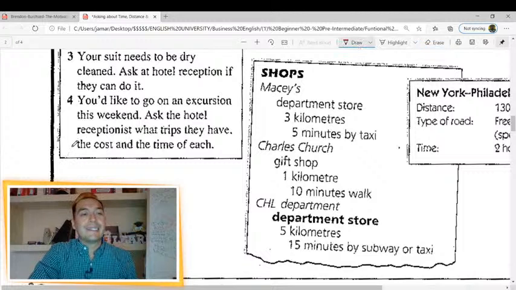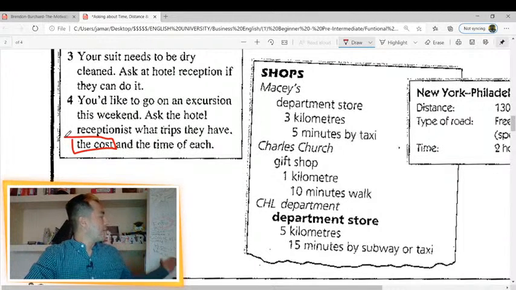Next, ask about the cost. We need something longer, right, for the cost. How? How much? Is, am, are, do, does. Is, okay. How much is?